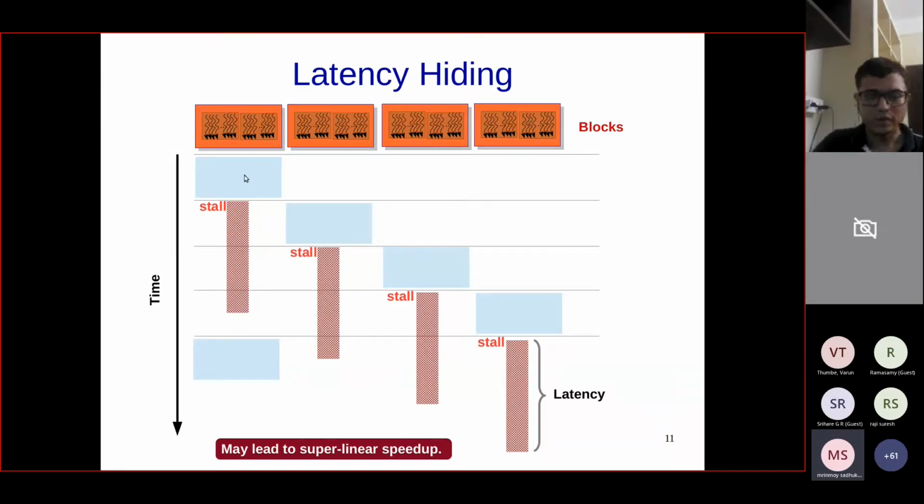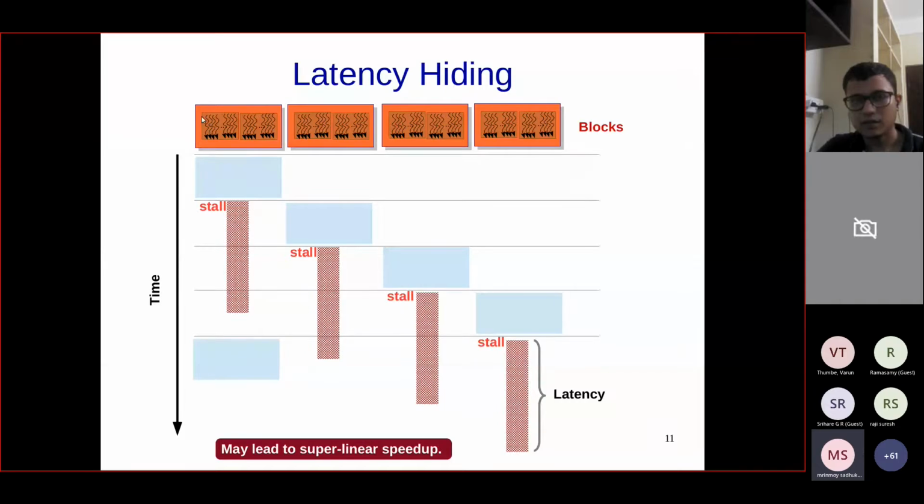But if we go in this manner, if you closely observe, here the first block will finish here, then let's say the second block finished here. So 1, 2, 3, 4, 5. Second block will finish somewhere at 6. Third block will finish somewhere at 7, and fourth block will finish somewhere at 8. So ideally it would have taken 20 units of time to finish if we just executed sequentially without latency hiding.